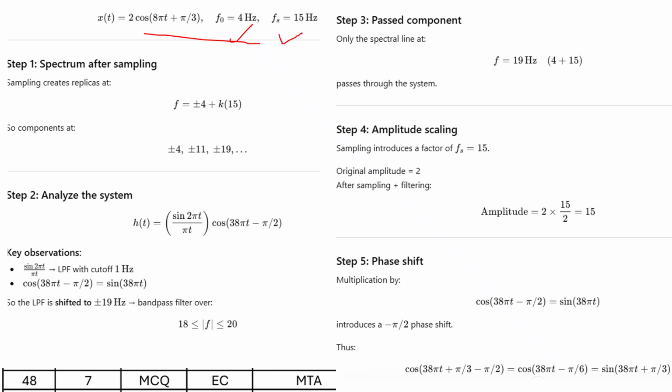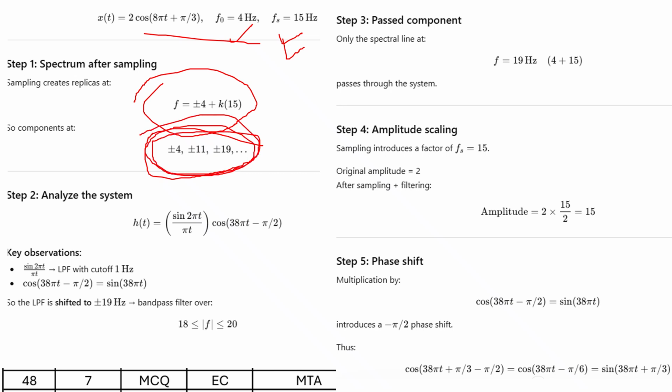So these things are given. So f is equal to how much? Plus or minus 4, plus k times 15, right? Because f_s is given, you have to find it. If you multiply by the sampling frequency, it ultimately shifts in frequency. So it will result in plus or minus 4, and 15 plus, then plus or minus 11, and then plus or minus 18, right? If we keep on adding plus or minus, you will get the spectrum.